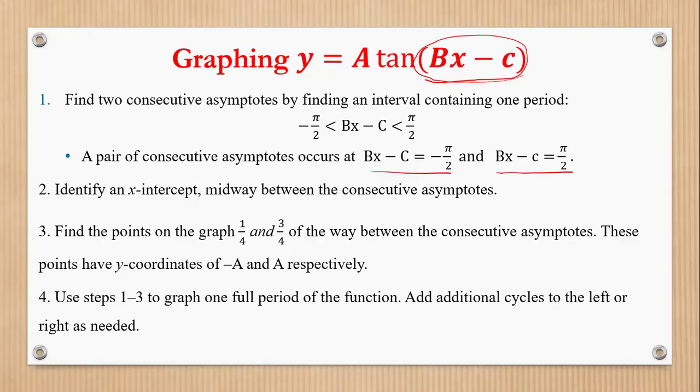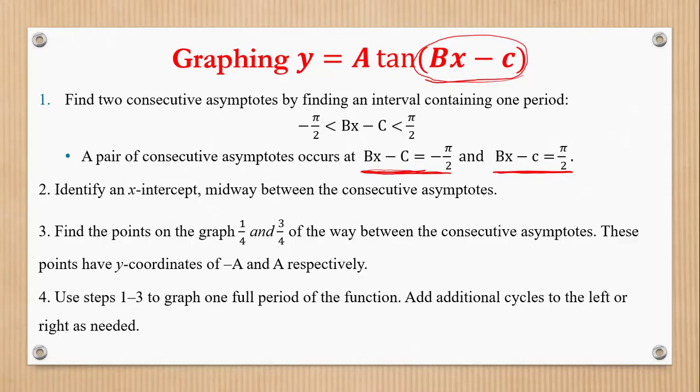Because in the tangent function, pi/2 and -pi/2 are always asymptotes. But even if we have numbers in front of the x, like we have bx minus c, we have to set that whole thing equal to -pi/2 and +pi/2. And then we simplify this one and find the x. And after finding the x, we get the equations of the asymptotes.